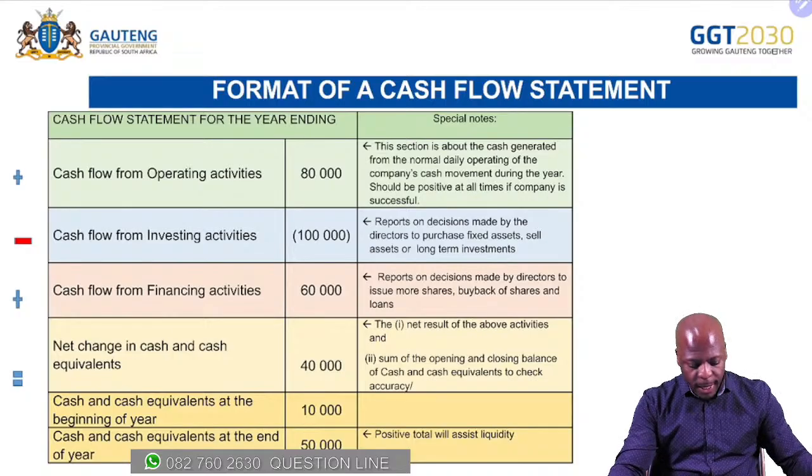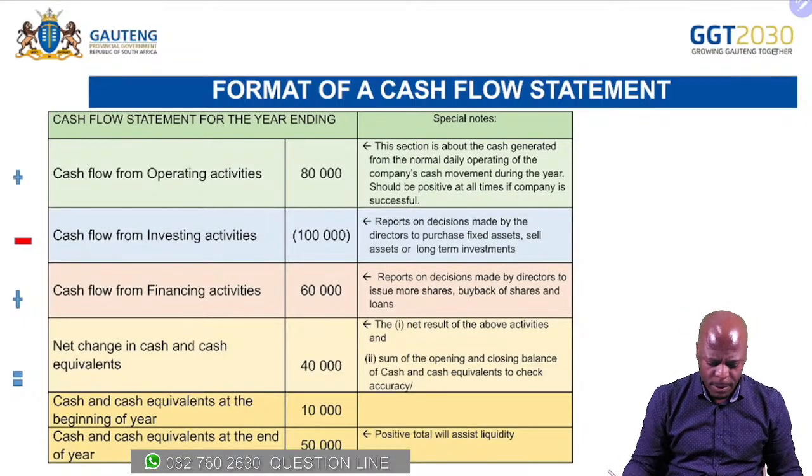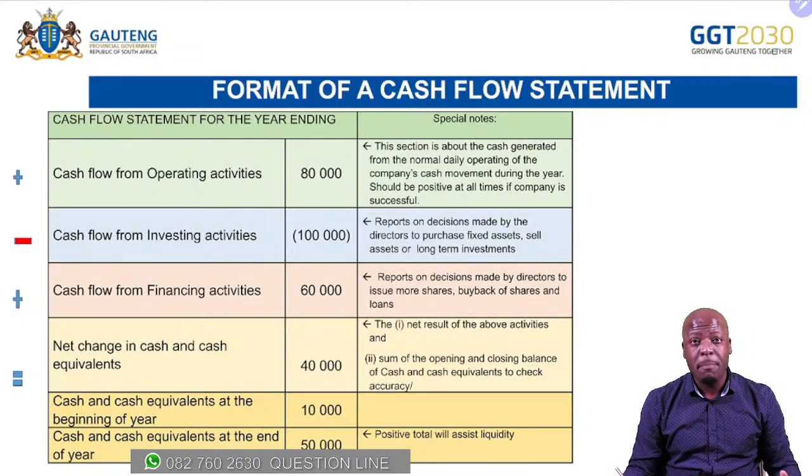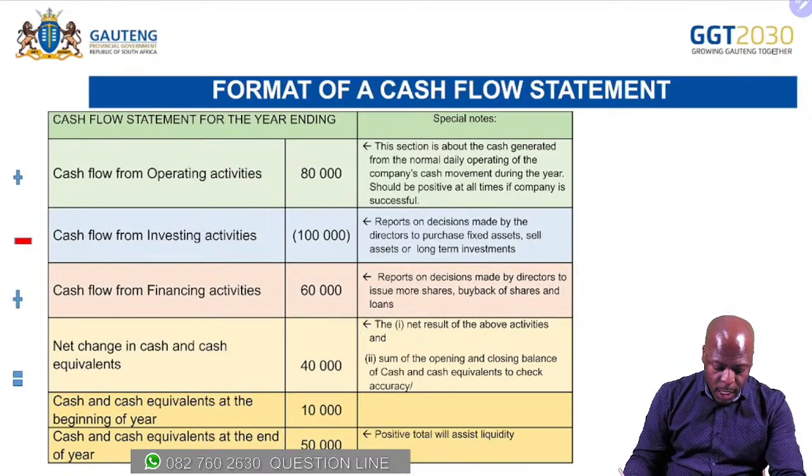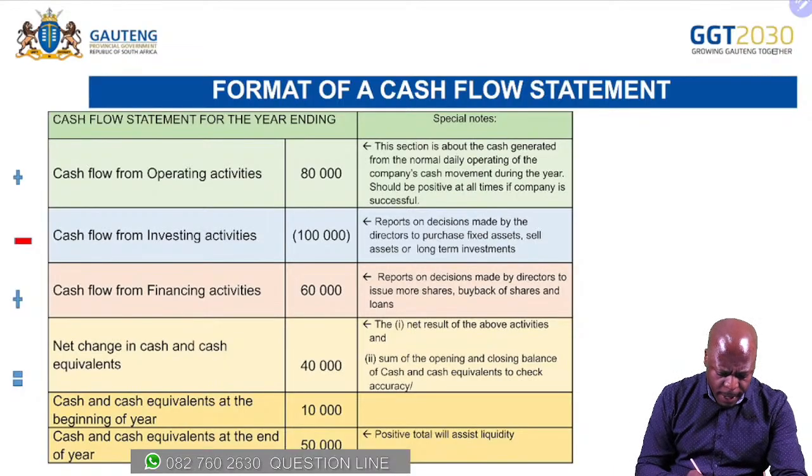Now, my dear learners, it is important that we come to the actual format of a cash flow statement. Remember, I broke it down into three parts: O, I, and F. Operating activities is the first part. If you look here, you'll find that on your operating activities, you have 80,000.